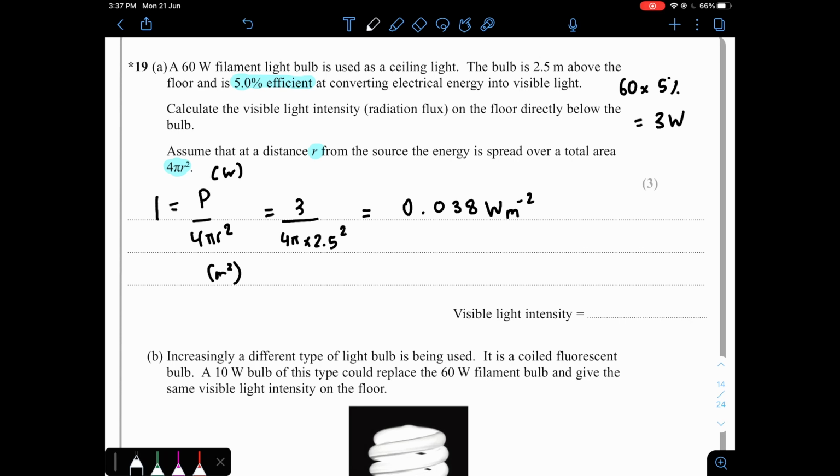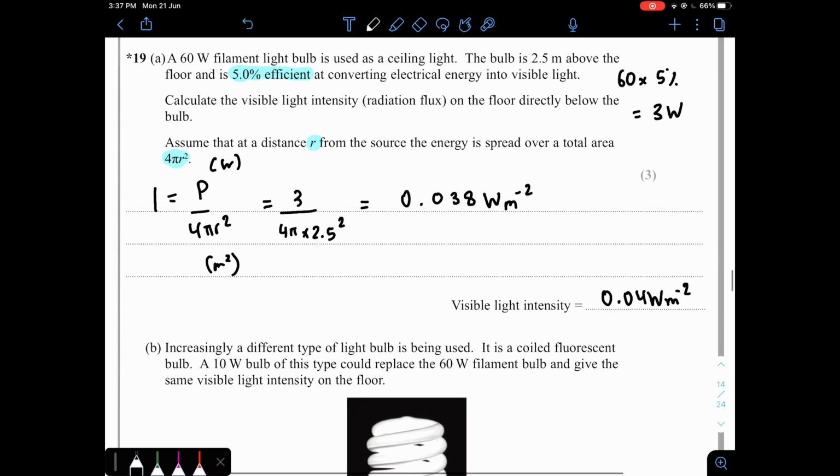You can round to 0.04 W per meter squared, that's also fine, or W m to the power minus 2.